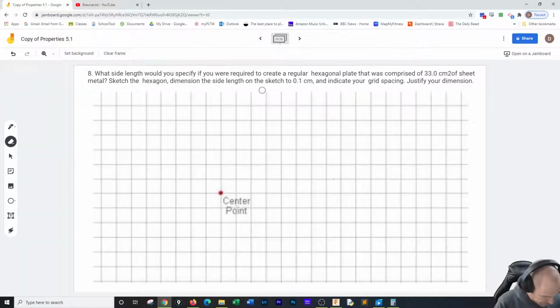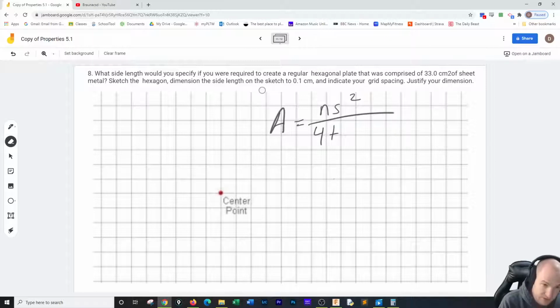All right, so we got to calculate the area of a hexagon here, and this is the formula we're gonna use. We're gonna use n for the number of sides, s for the side length, that is squared, and then we're going to multiply 4 by the tangent of 180 over the number of sides.